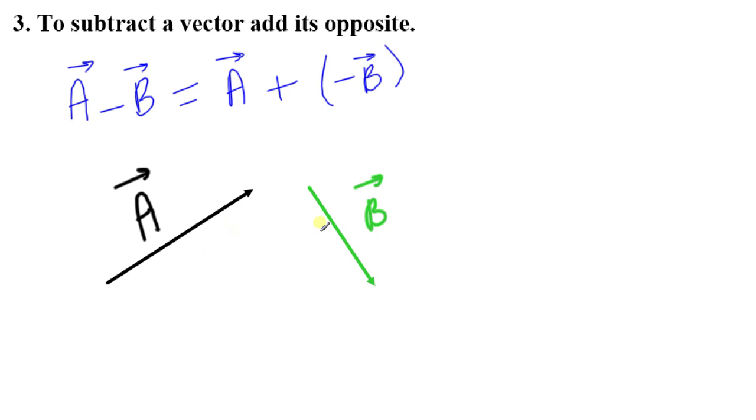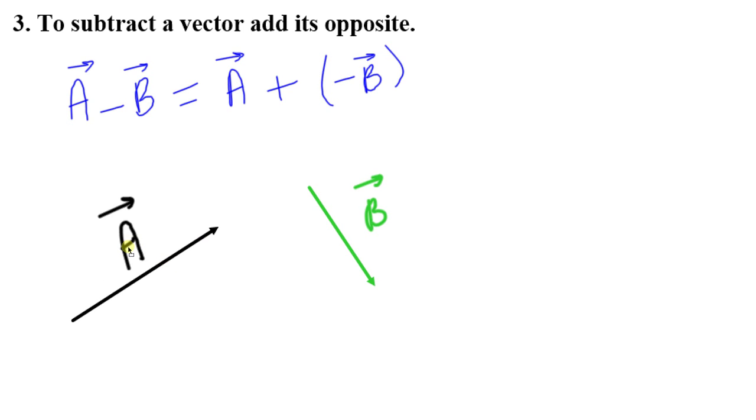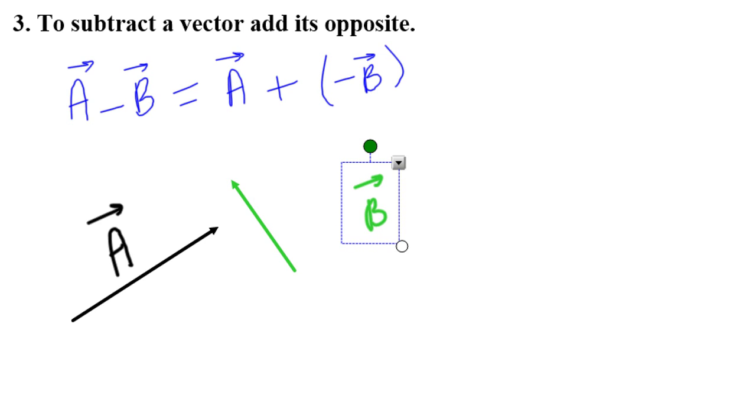Here are A and B. Now I want to subtract them. First I have to reverse B to get minus B. So this is A here. Minus B is the opposite of B. So now this is minus B now.